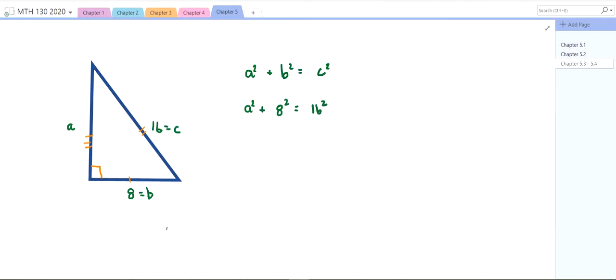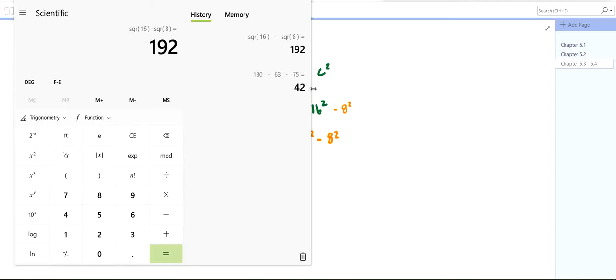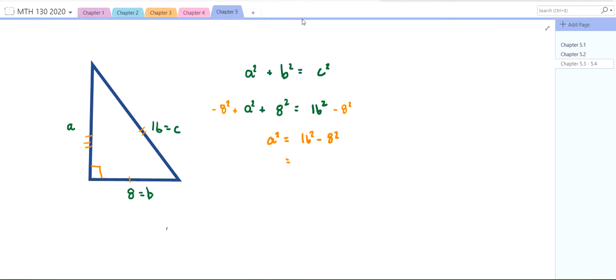So let's subtract 8 squared off of each side. So we're going to end up with a squared equals 16 squared minus 8 squared. Here I plug that in the calculator. 16 squared minus 8 squared equals 192. So 192 equals a squared.